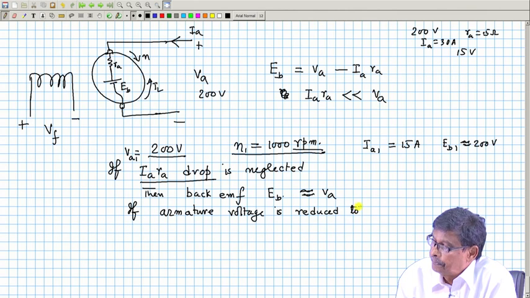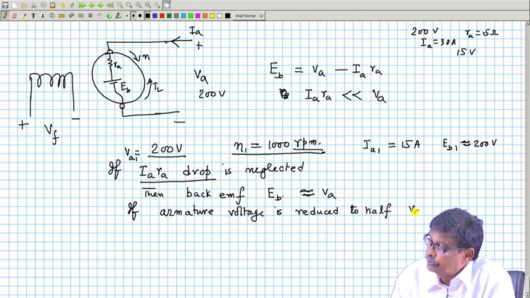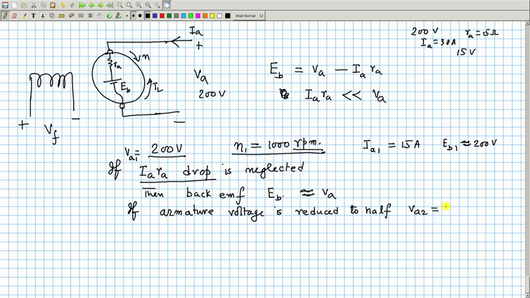That is, V_A2 is made equal to 100 volt. Then what will be the new speed and what should be the new armature current? And I say that the load torque is constant.